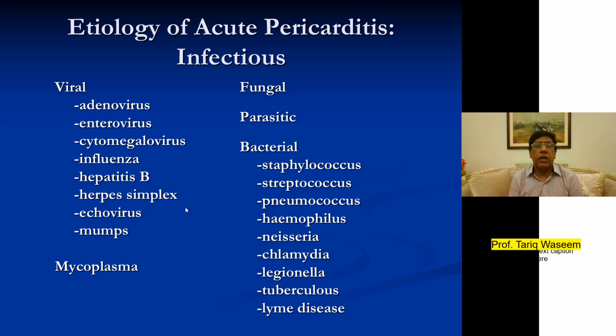Atypical organisms like mycoplasma, similarly fungi, parasites, and of course bacteria, may be one of the causative factors in bacterial infective pericarditis or pericardial effusion.